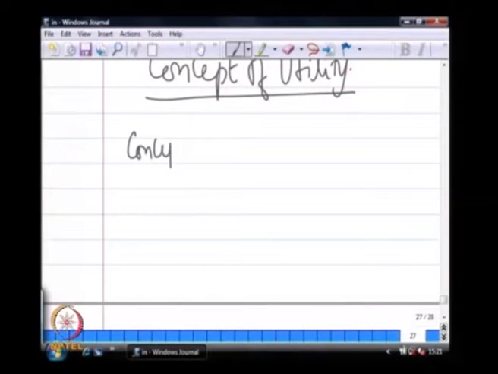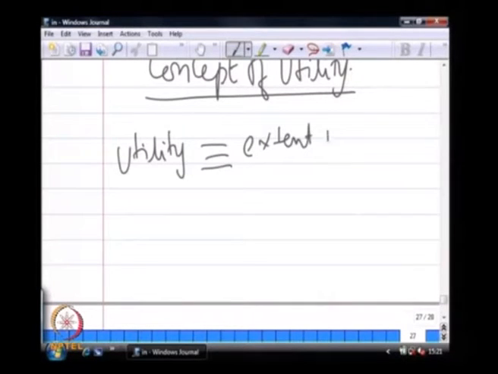So at a very broad level, utility tries to measure the extent of fulfillment a consumer has in consuming a product or experiencing a service.